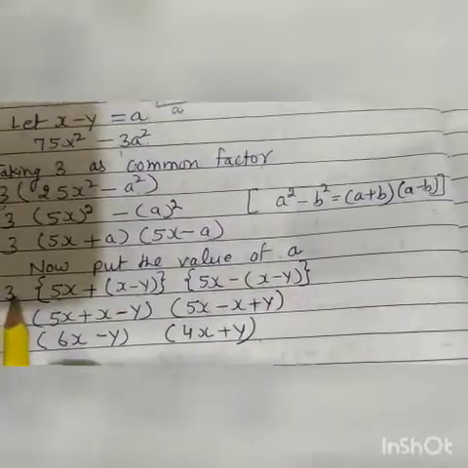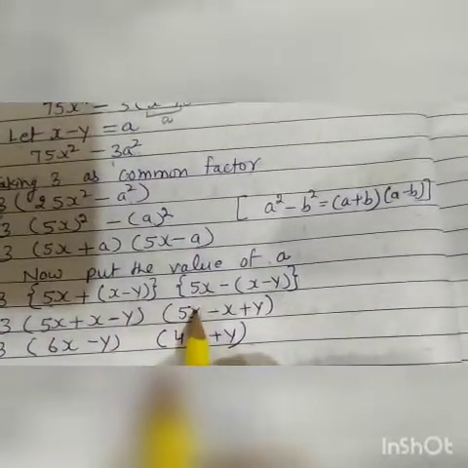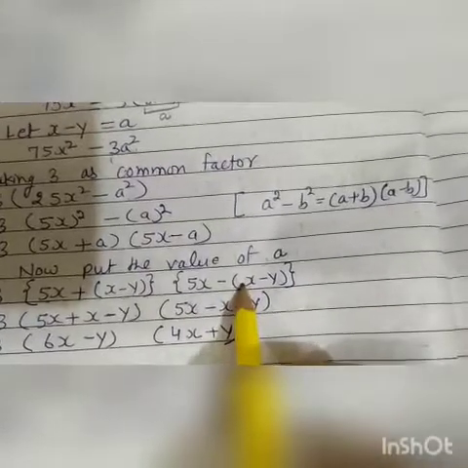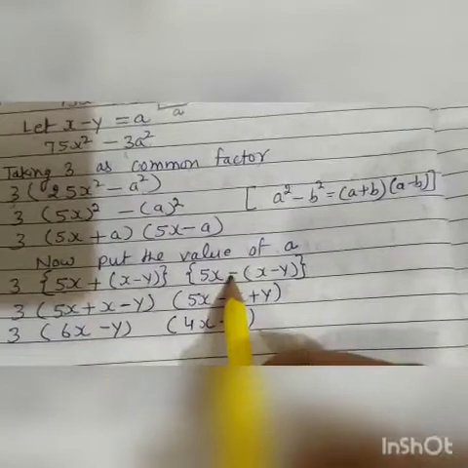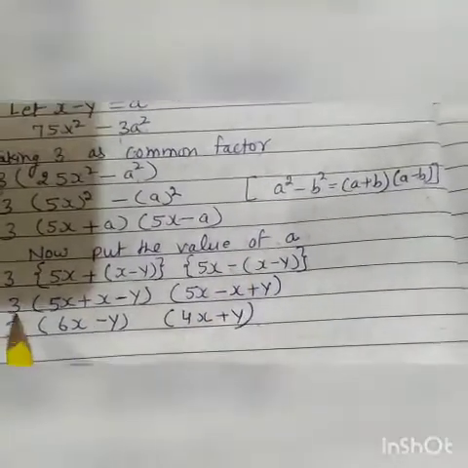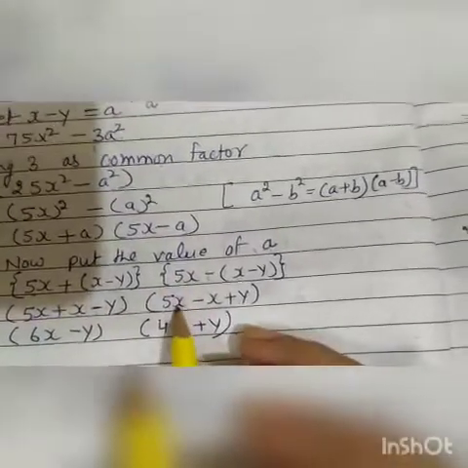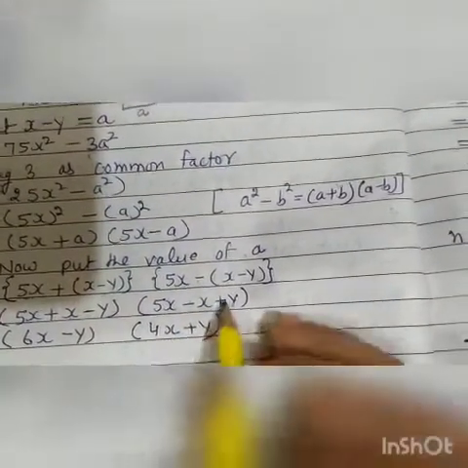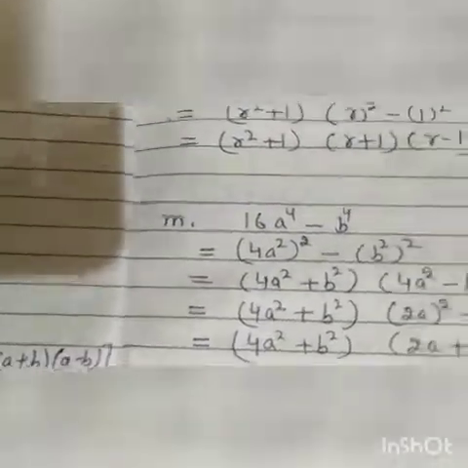Now we will solve it. 3 into 5x plus x minus y. 5x, this plus x will change to minus x and minus y will change to plus y, as there is a minus sign outside of this bracket. So this 3, 5x plus x is 6x minus y, 5x minus x is 4x plus y. Now come to the next part, k.